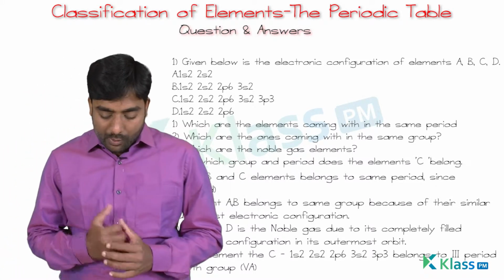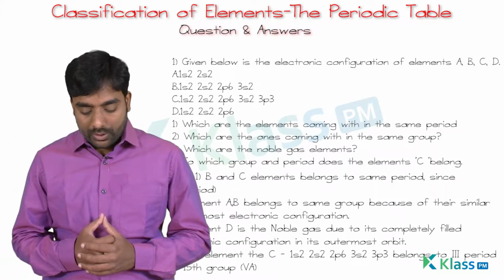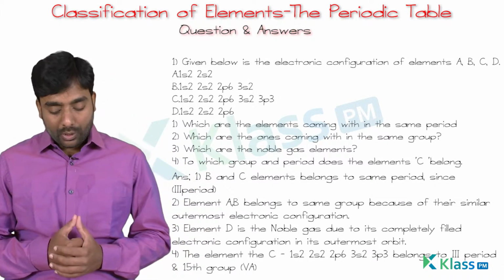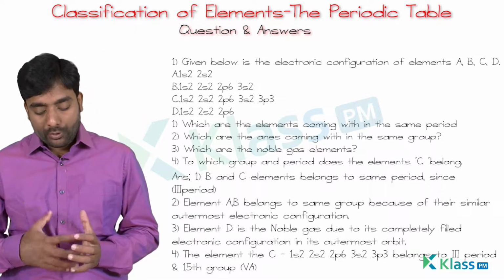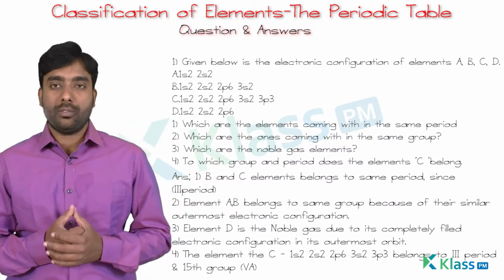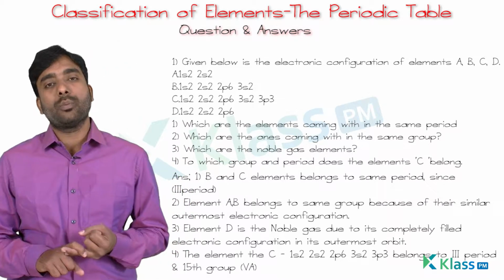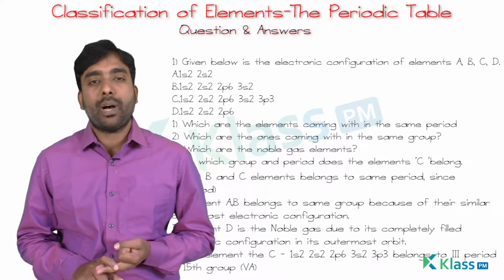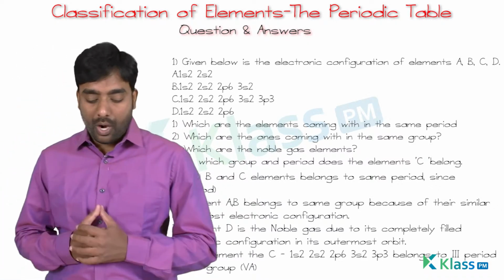Next C, 1s2, 2s2, 2p6, 3s2, 3p3, so there are 15 electrons, so it is phosphorus. Next D, 1s2, 2s2, 2p6, there are 10 electrons, that's why it is neon. So we identified A element is beryllium, B element is magnesium, C element is phosphorus and the D element is neon. Now we need to answer the questions.